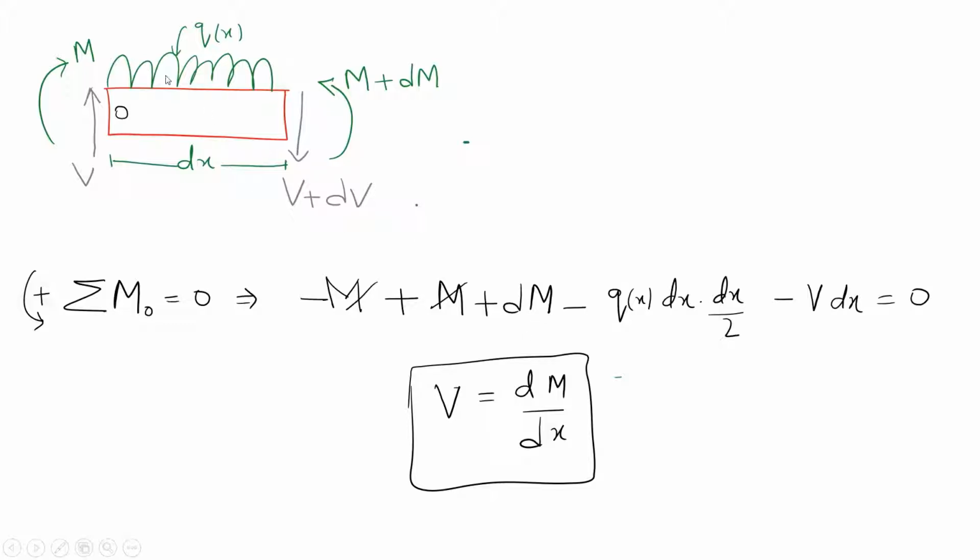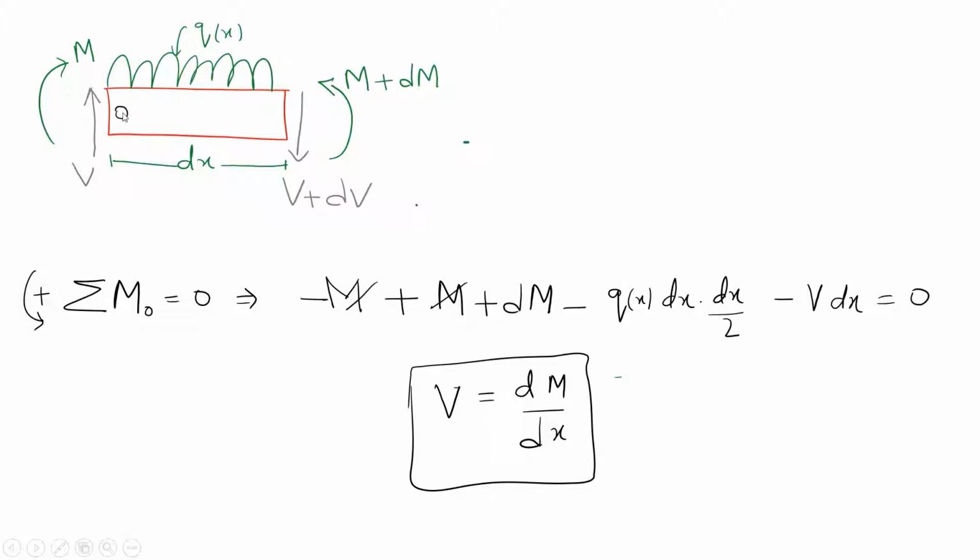The load is q(x) into dx, a force acting at the centroid, so the lever arm is dx by 2 from point O, giving minus q(x) dx into dx by 2, and then the shear force term V into dx.